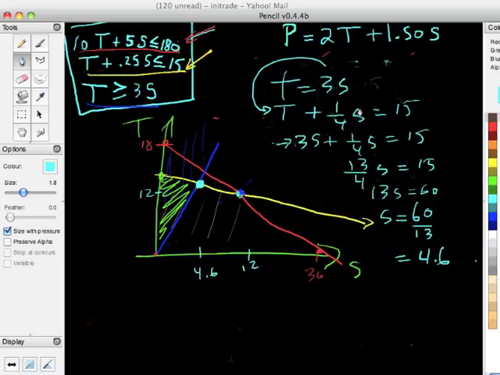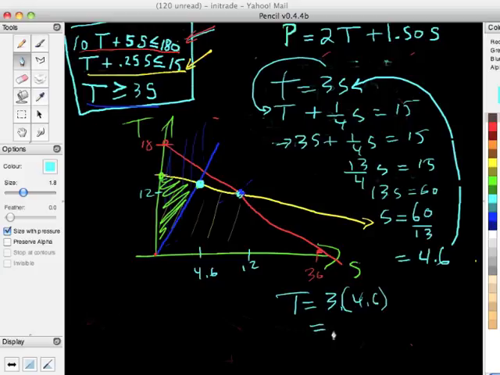And what is t? Well, we can put it right into here. So t is equal to 3 times 4.6, and that is 13.8. So what is the dealio now?